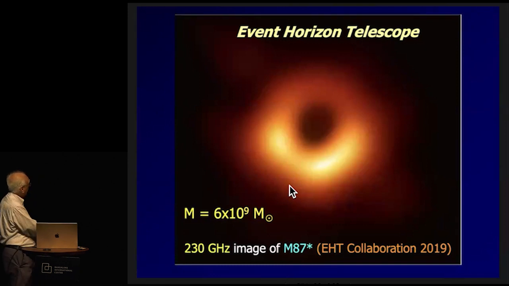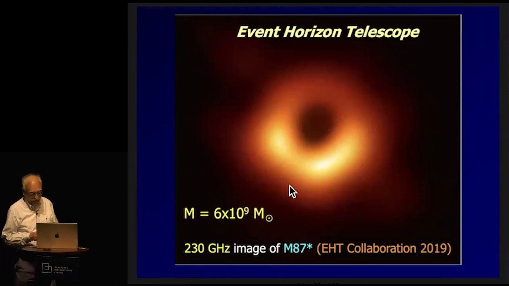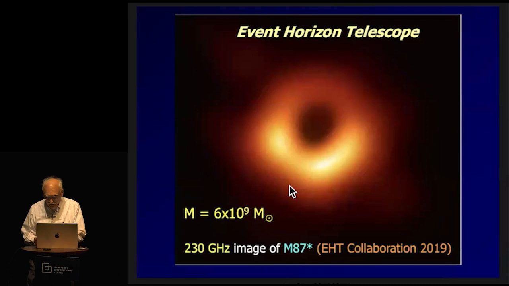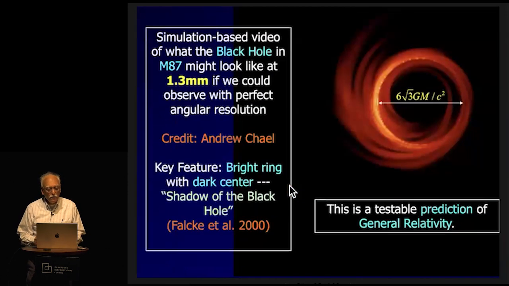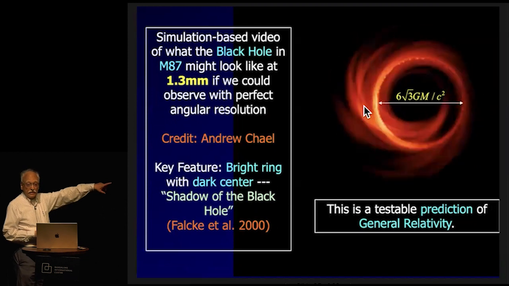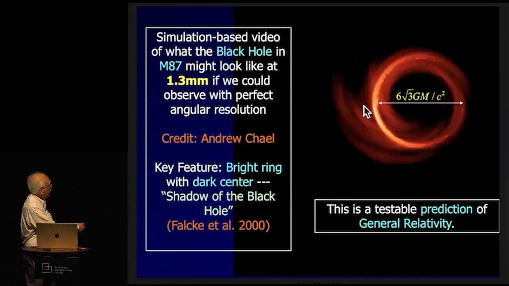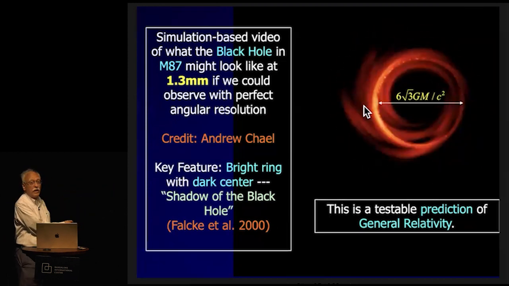And the beauty here is you've got a ring-like feature. You've got a dark center, that is this famous shadow. What you should imagine is that the picture I showed you is really this guy, but blurred out.